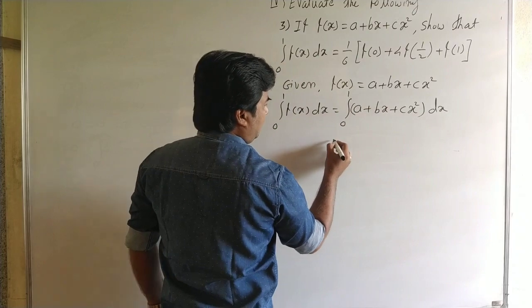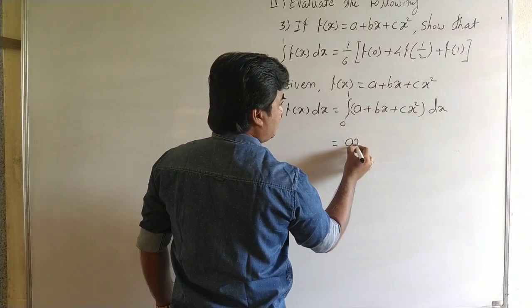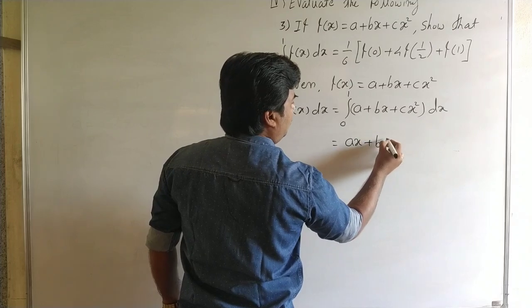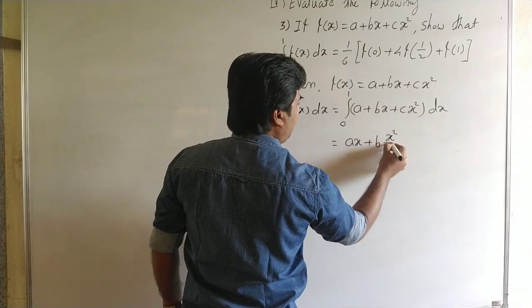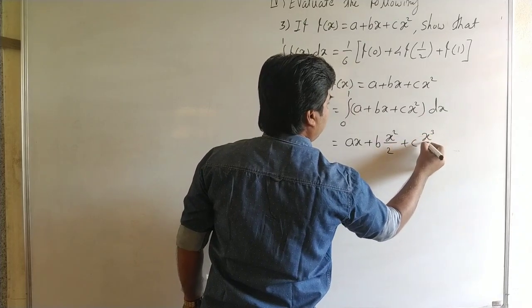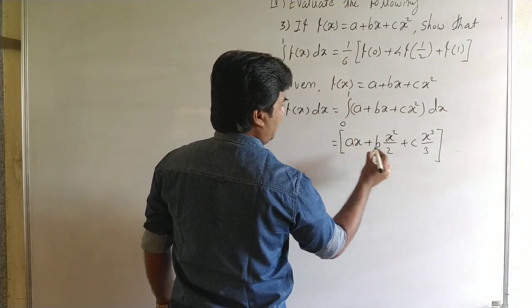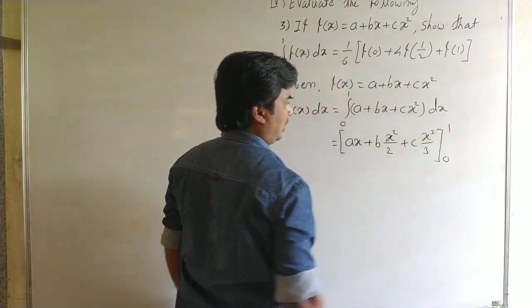Now first find the integral of a with respect to x, it is ax plus b into x square by 2 plus c into x cube by 3. It is an integral. Okay, and here the limit is 0 to 1.